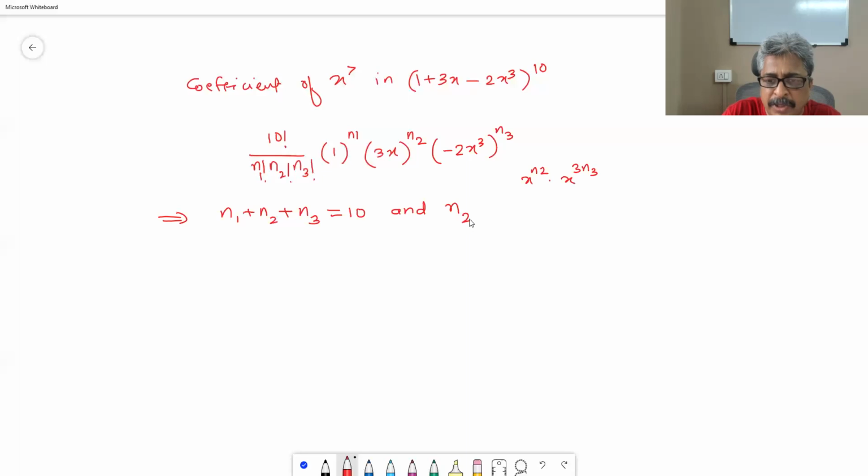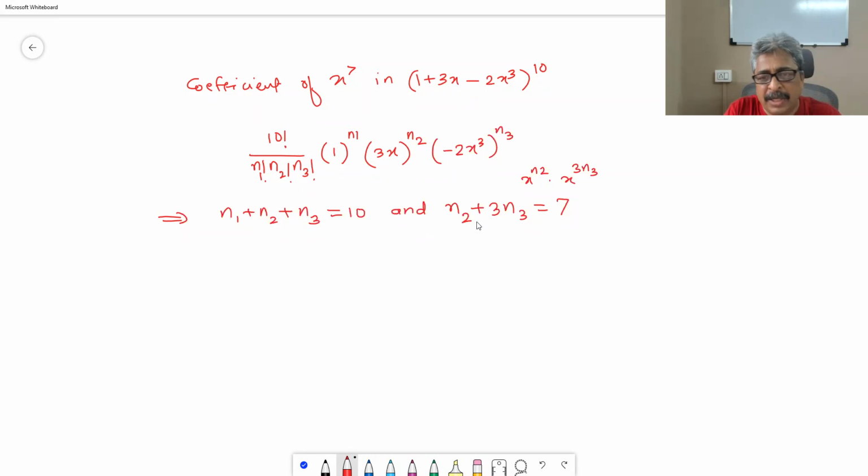Therefore, we get the equation n2 plus thrice n3 is equal to 7. These are the two equations that you have. The basic problem which you had yesterday was you don't have any experience of solving three unknowns out of two equations. But it is to be done like this.